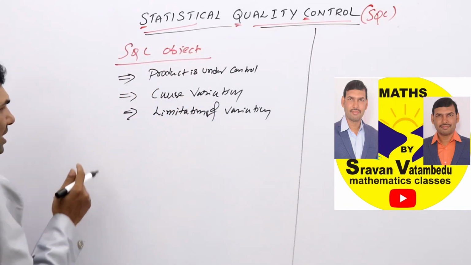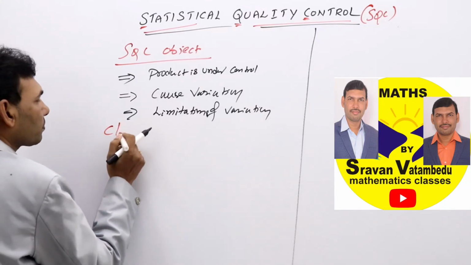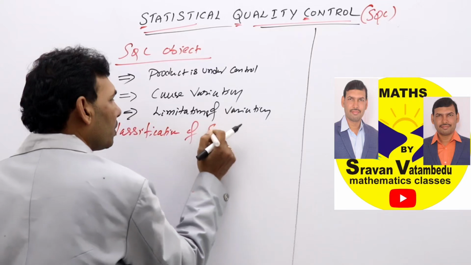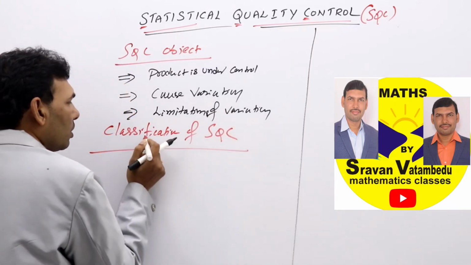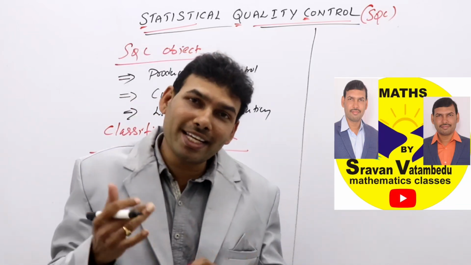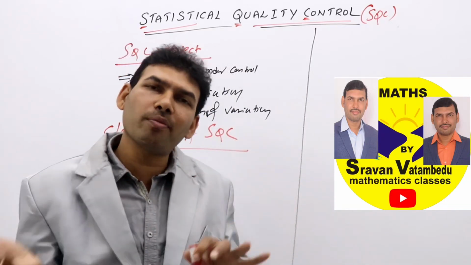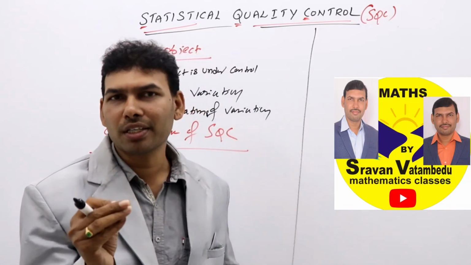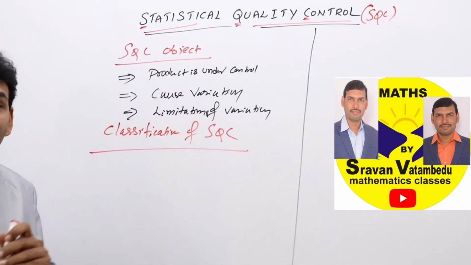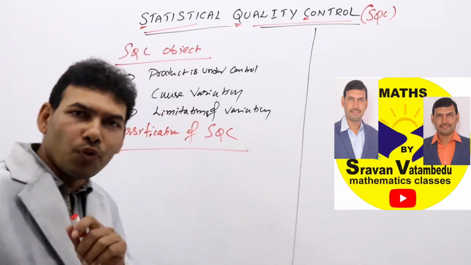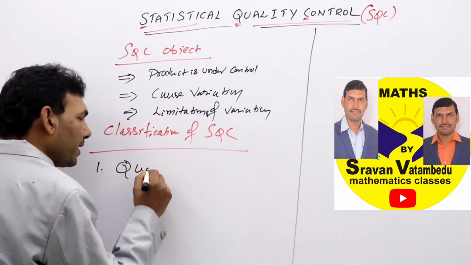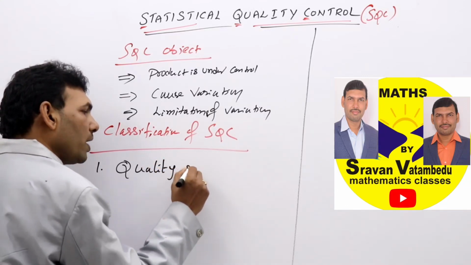Next, the classification of SQC. So we are expecting a quality product. While manufacturing and after manufacturing, the product quality should be under control. Then, what should we maintain? We have to maintain all these. First, quality material.